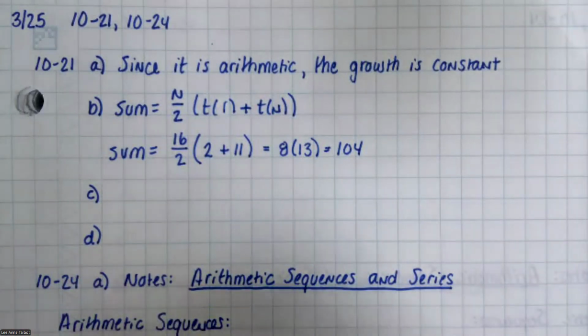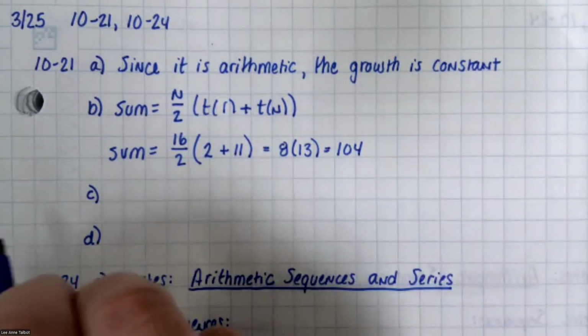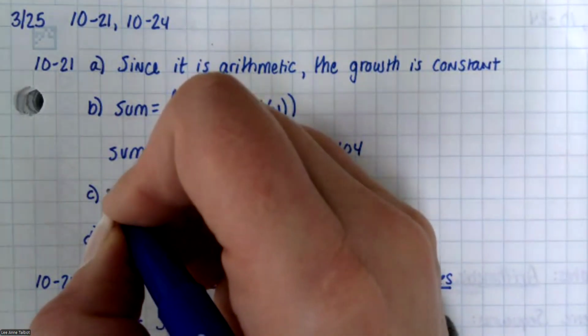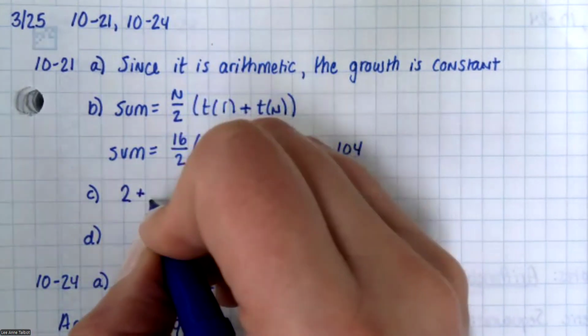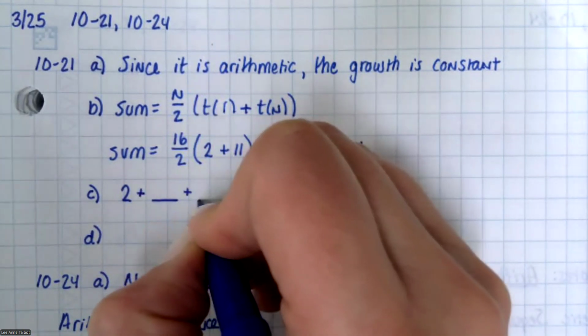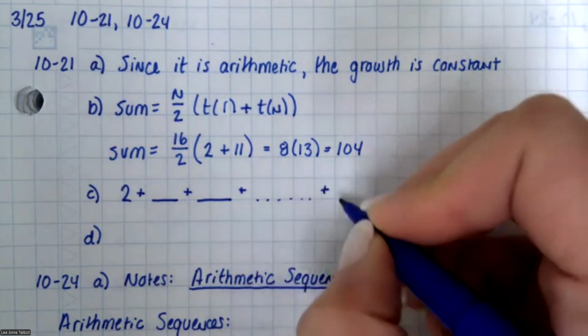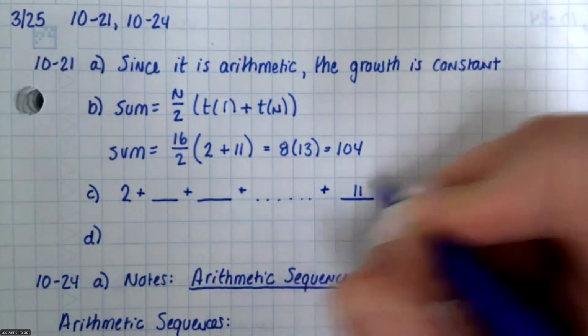Okay, so if we want to write the series out, let's actually see if we can figure out what it would be. So it starts at 2, correct? And then there's some stuff and some stuff and some more stuff. And then it goes out to 11 as the last.